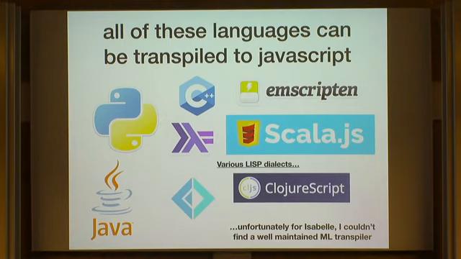In particular, Emscripten can take anything which gets inputted into the LLVM, which is a famous compiler chain, and will convert it to JavaScript, and will also convert it to this thing called WebAssembly, which is a kind of abstraction on assembler for the browser. So it should be possible to get very, very fast code using WebAssembly. I couldn't find a good ML one, I'm afraid. Sorry, Isabel. Maybe there is one. There isn't.